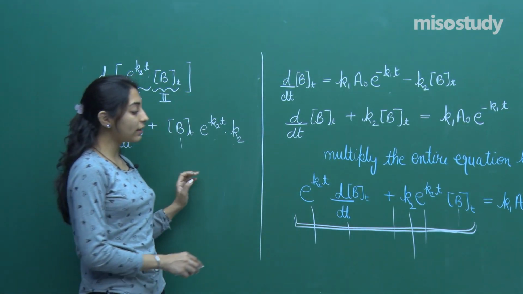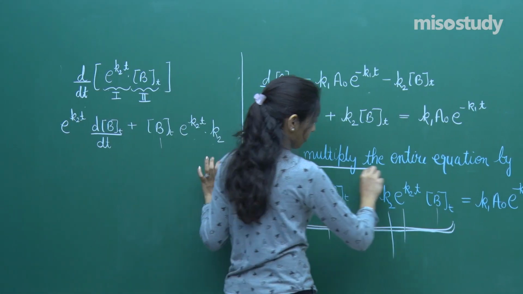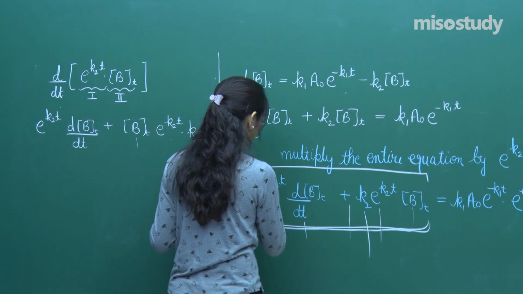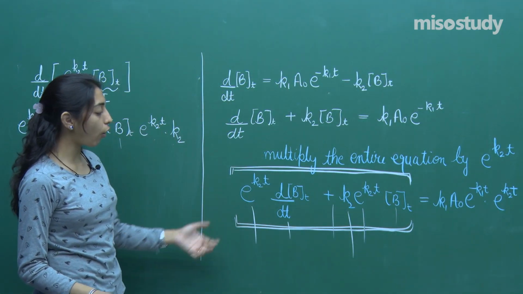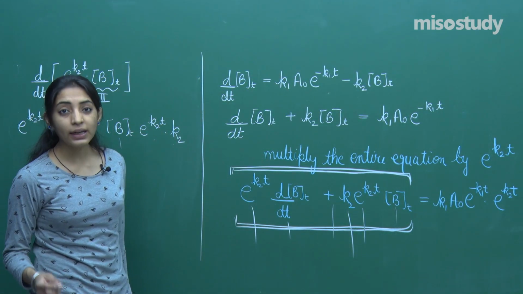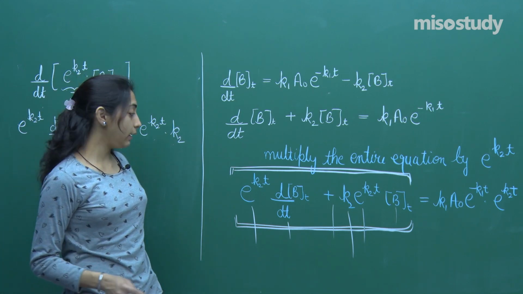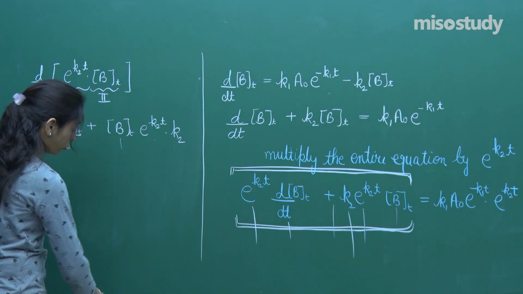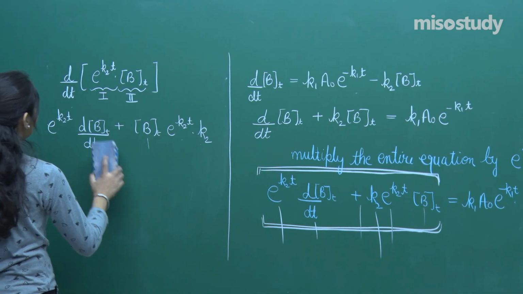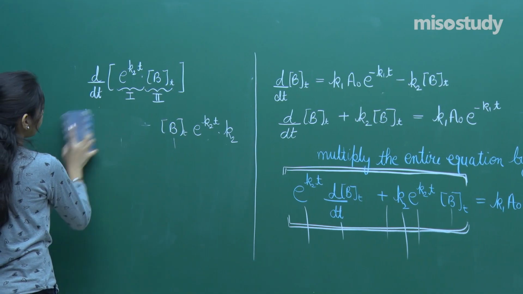Okay. So don't you think this complete expression is nothing but the differential of B at time t multiplied by e raised to the power k2t. Okay. So when this is the differential, what should I be saying? I should be simply saying, now let me just remove this.